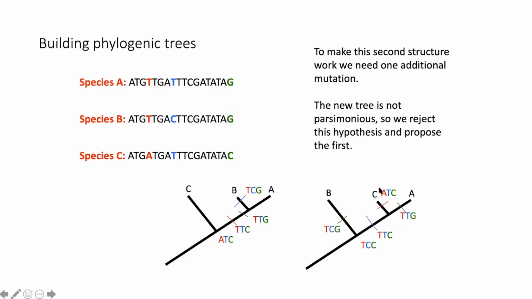Because species C is grouped with A, and A is separate from B, you have to establish that there are two separate mutations occurring, C to G on this branch out to here, and C to G on this branch out to there. That is not parsimonious, and so you would prefer this hypothesis over this other hypothesis.